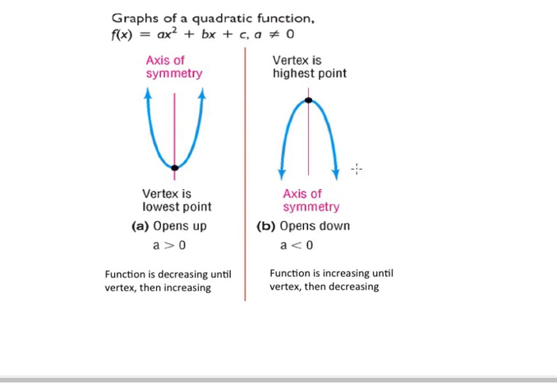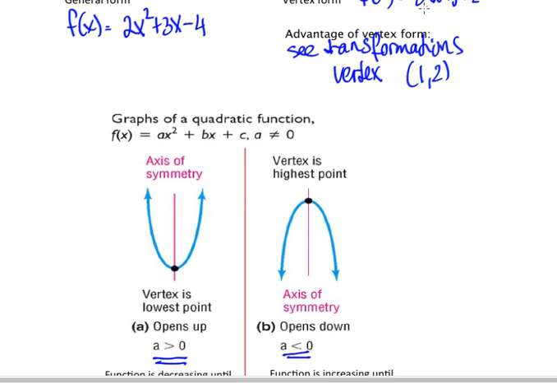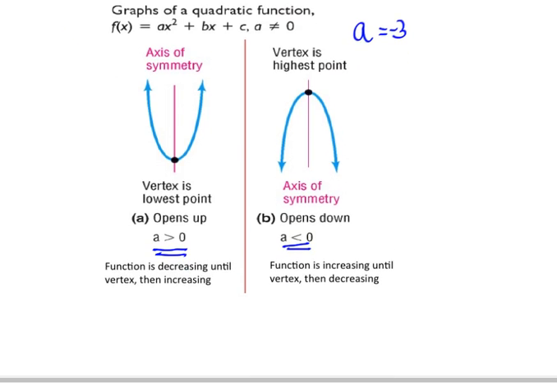Generally speaking, we have two types, depending on whether a is positive, which is the number here, or a is negative. It would be the same if it was in vertex form, so the one that I just did. So that's a -3, so for here, a would be -3, so that would be one of these that opens down.